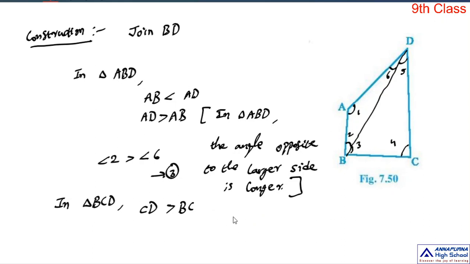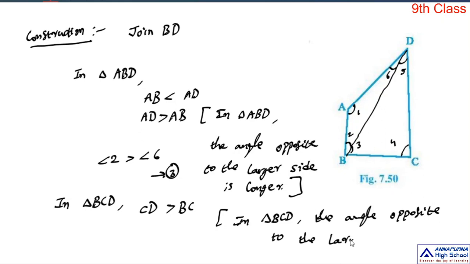Again applying the property in triangle BCD, the angle opposite to the larger side is larger.